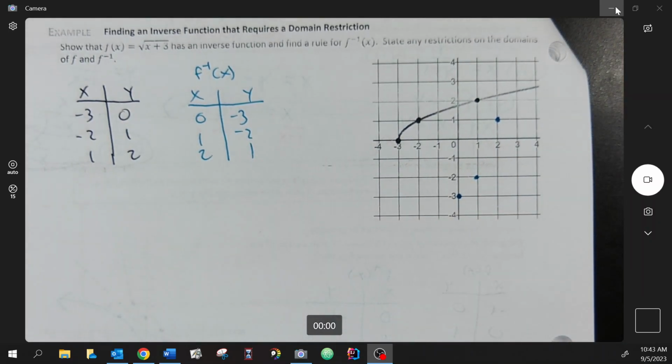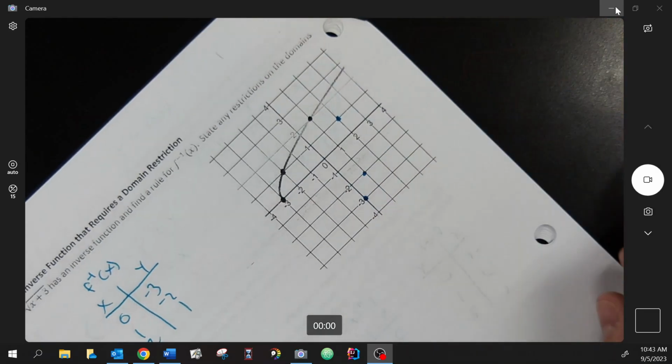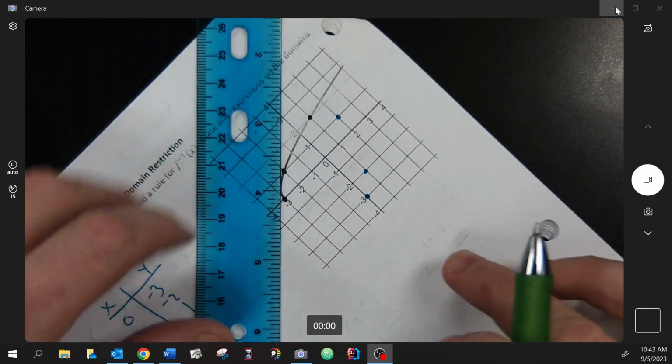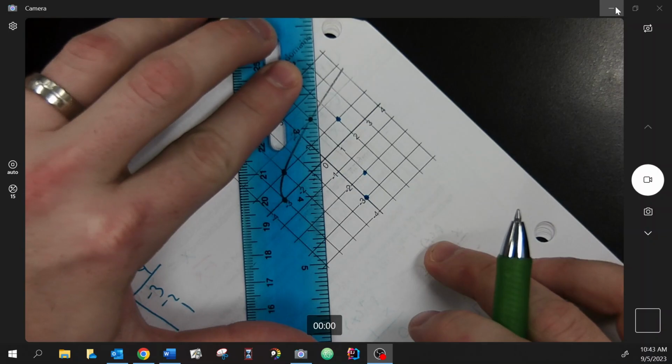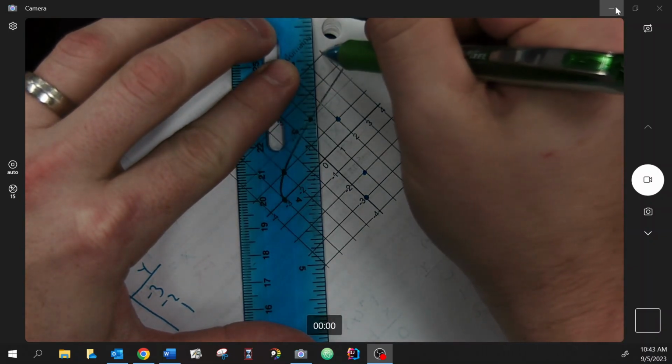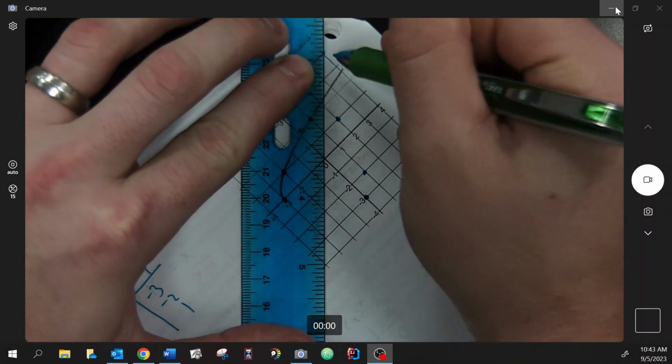Now, once again, I'm not the world's best artist. So to make sure that I do a really good job of reflecting this, I'm going to put the line y equals x on here as a dotted line. It goes through 1, 1, 2, 2, 3, 3, and so on.